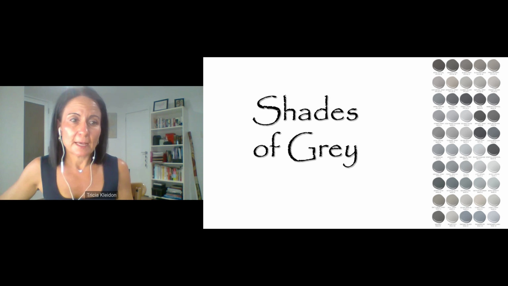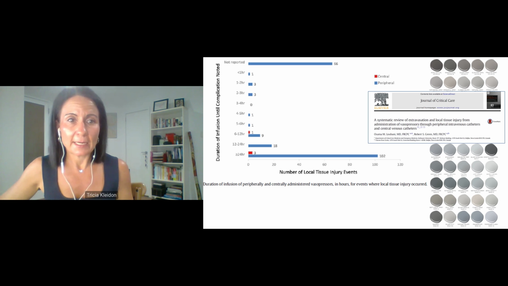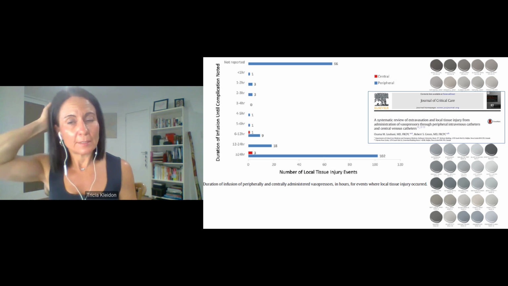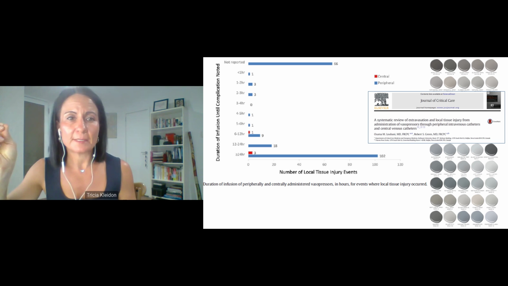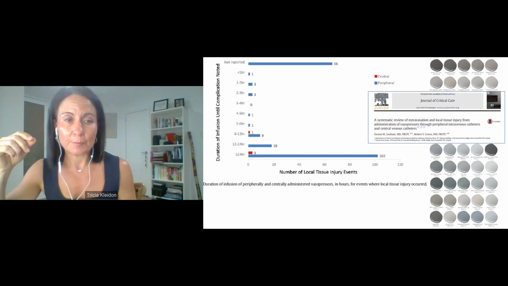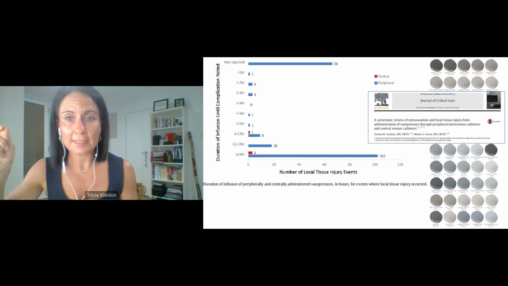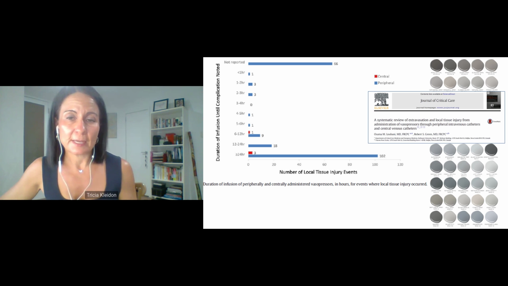So in this systematic review by Libani, this is a good example of safe limits of vasopressors through peripheral intravenous catheters and central venous catheters. After searching the literature, they found 85 studies to include, and these reported the results of 270 patients with 325 separate events of local tissue injury or vasopressor extravasation that arose from the administration of pressors.